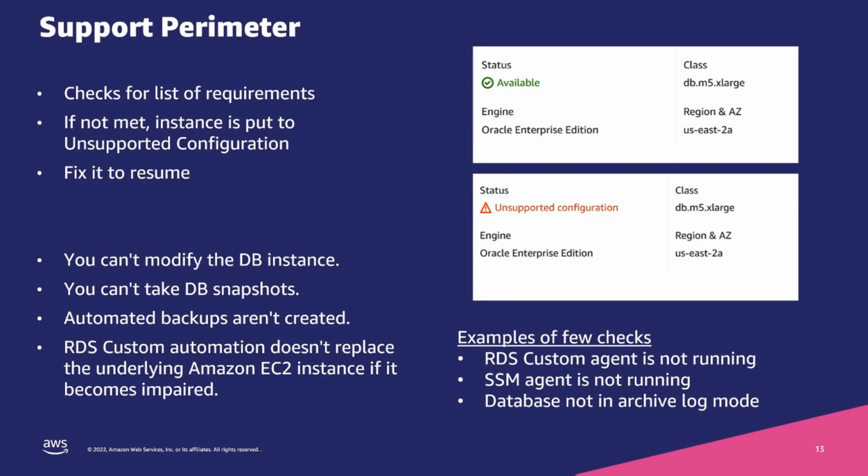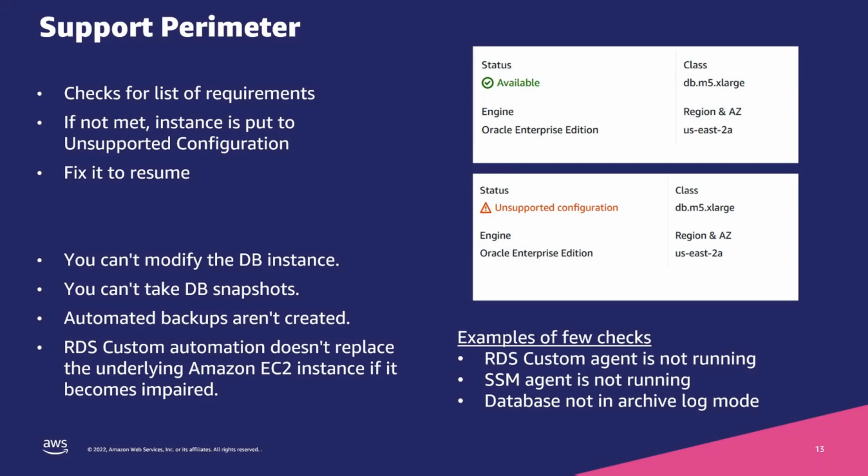Similarly, at the database level, RDS Custom supports only databases in archive log mode today. So if the database is put into no archive log mode, then RDS Custom detects that and it will put the instance into unsupported configuration.